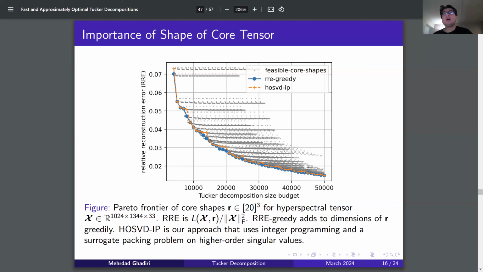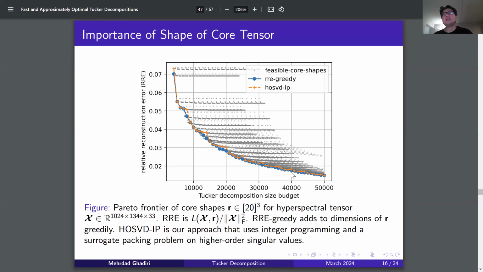So as you can see, all of these gray dots are the possible decompositions with their relative reconstruction error. So what we did is, for this budget, pick all the possible shapes that have a size less than this budget, run ALS to convergence, and see how much the error is, okay?